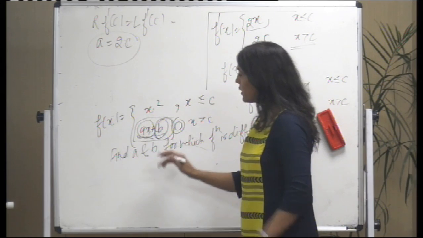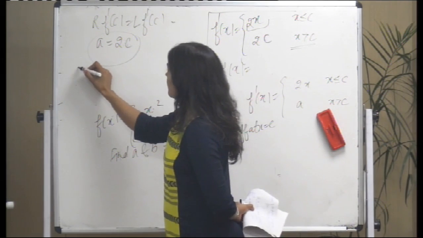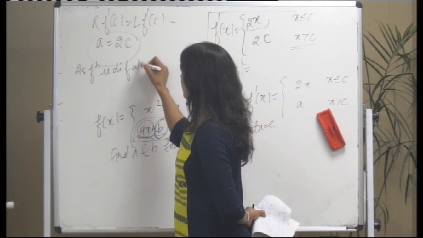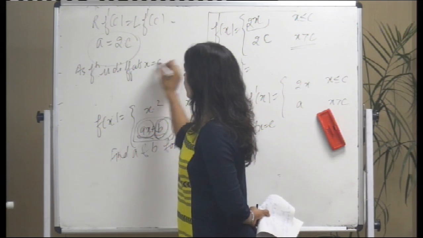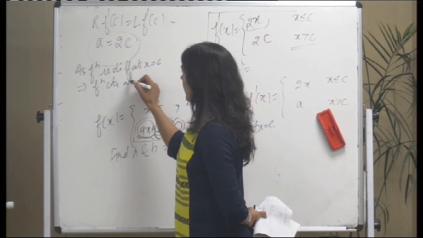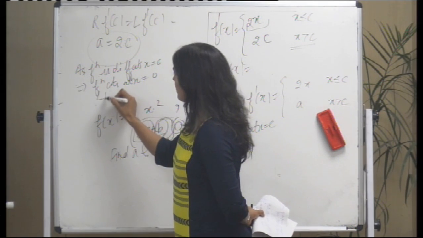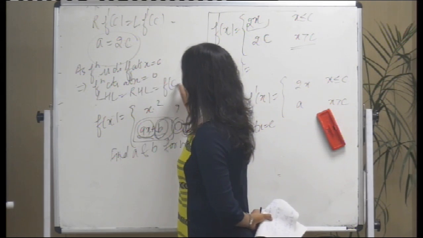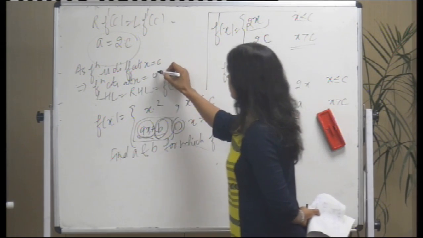So continuity means LHL equal to RHL equal to f of c, as this function is differentiable at x equal to c.